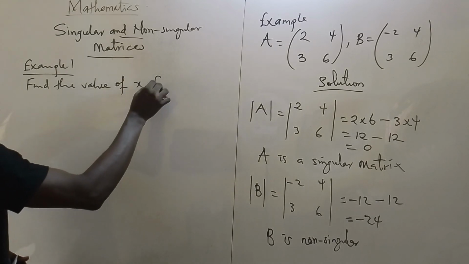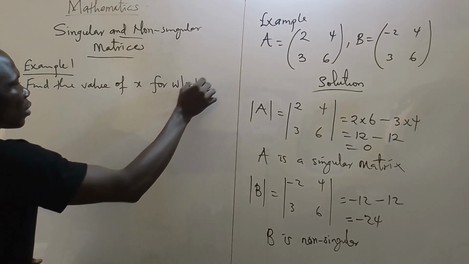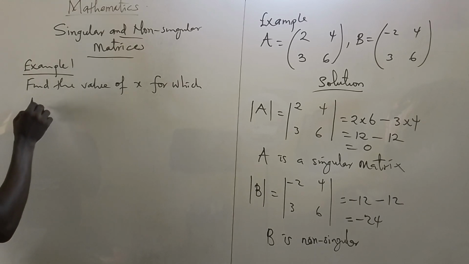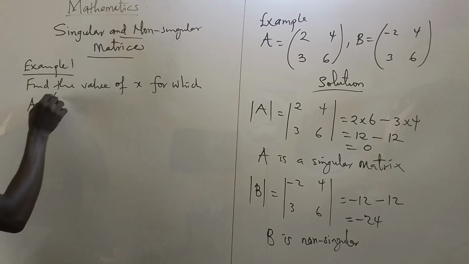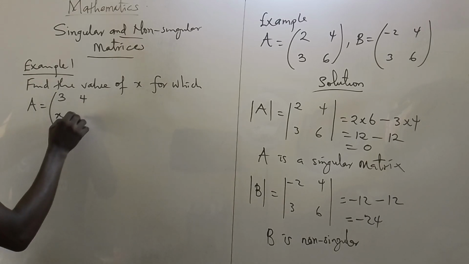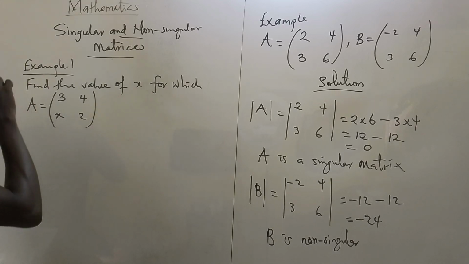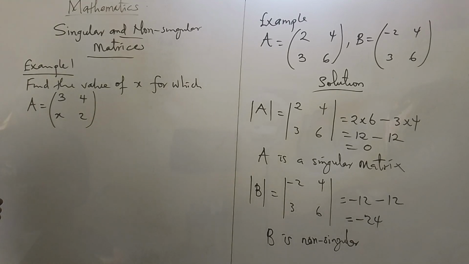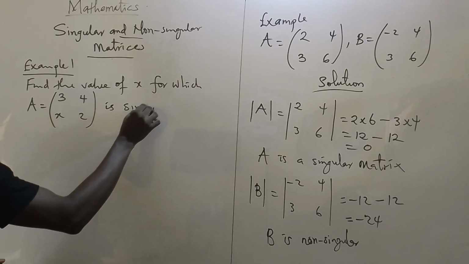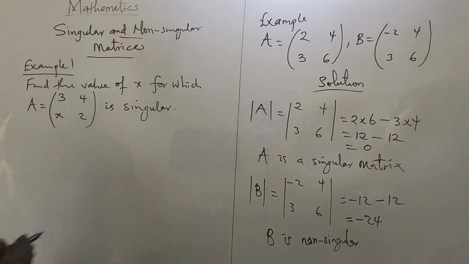Find the value of x for which matrix A equals 3, 4, x, 2 is singular.